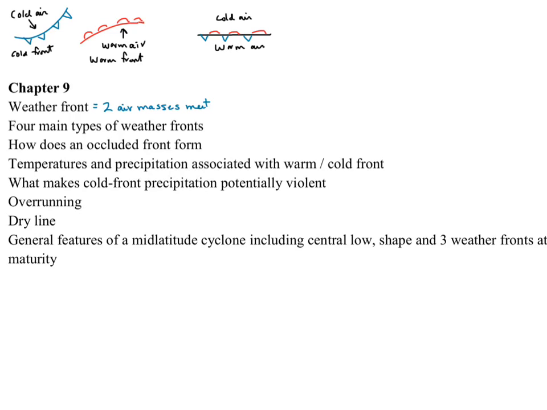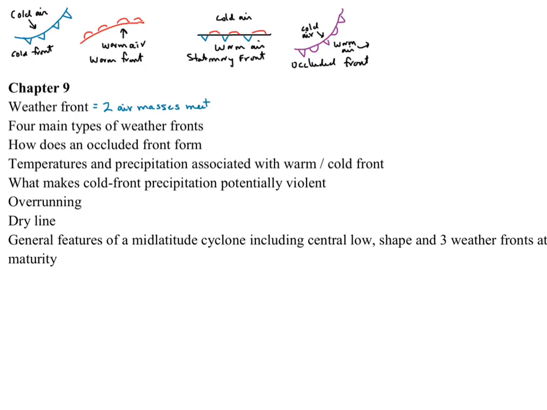And then a stationary front is basically a standoff. The air is not moving. You have cold air to the north and warm air to the south, well, not necessarily due north or due south, but on either side of the stationary front you have warm and cold air, and they're not moving. The last one is an occluded front, and we use a purple line.